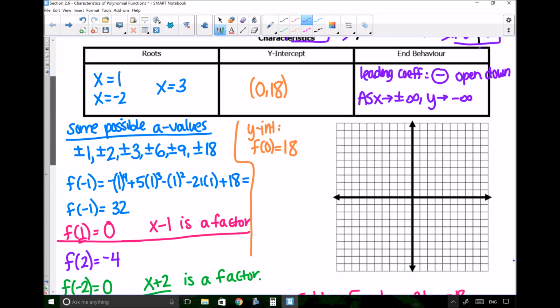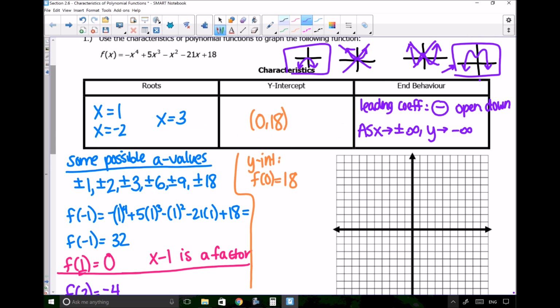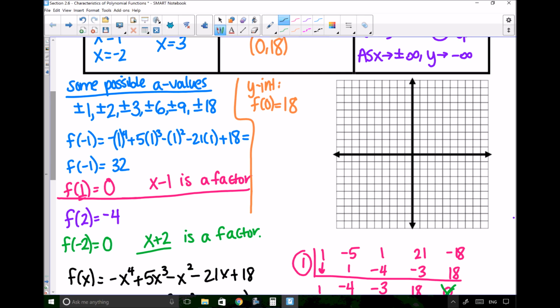Now that I've gotten all those characteristics, graphing out my function is so much easier. So let's go ahead and label our axes. I'm going to label this x, I'm going to label this y. And I think going by ones for my x-axis should be sufficient. But going by ones on my y-axis is probably not as good of an idea, because I will tell you shortly.